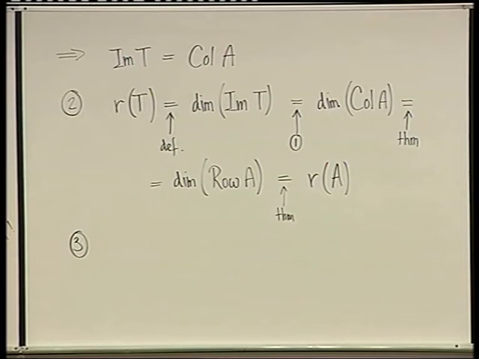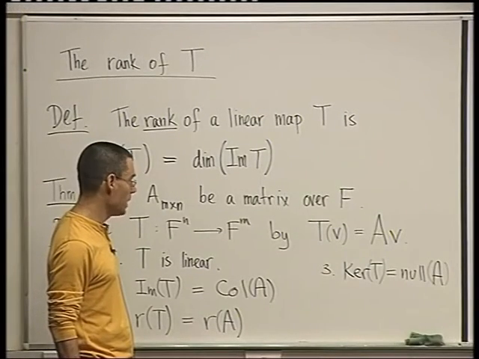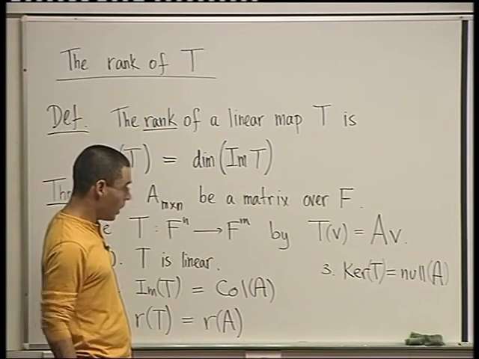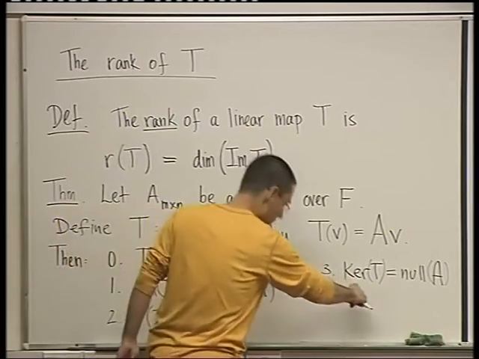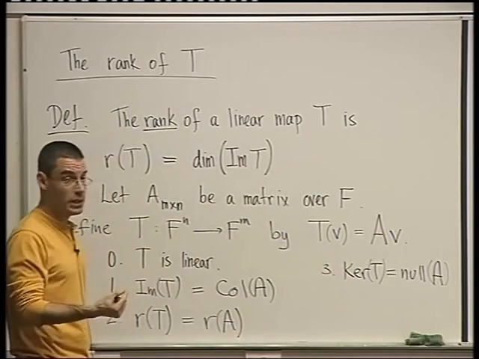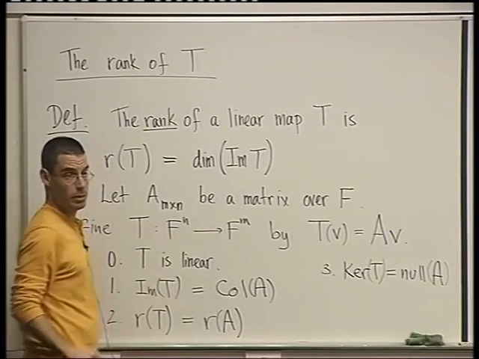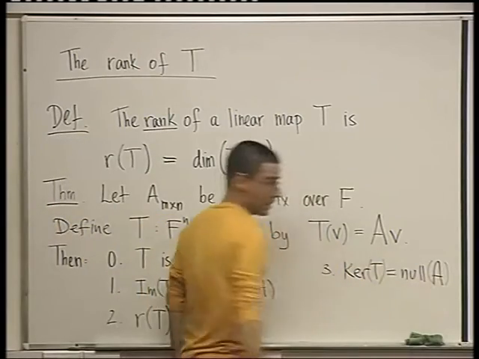Okay. What about part 3? Part 3 said that the kernel of T is just the null space of A. This, in fact, is almost the definition. What is the kernel of T? The kernel of T is all the vectors that T sends to 0. What is the null space of A?